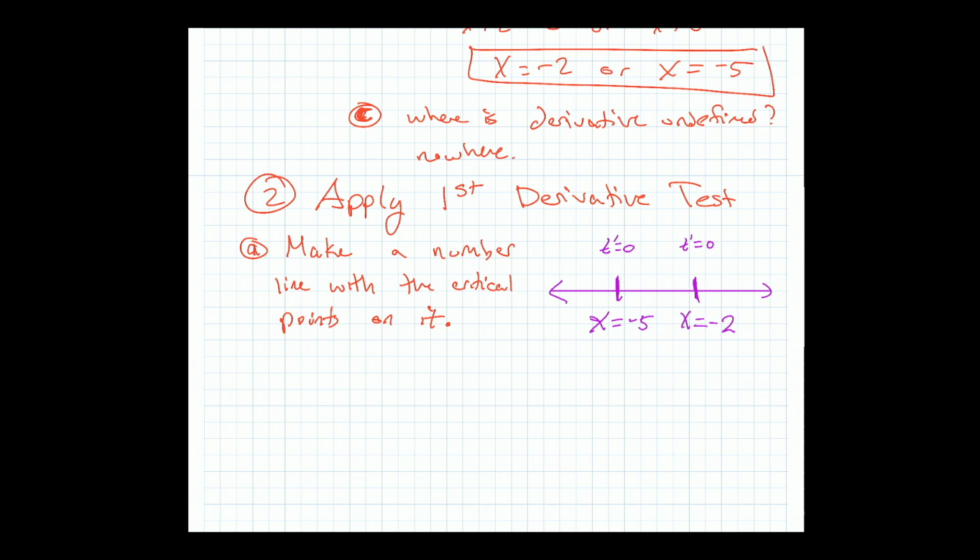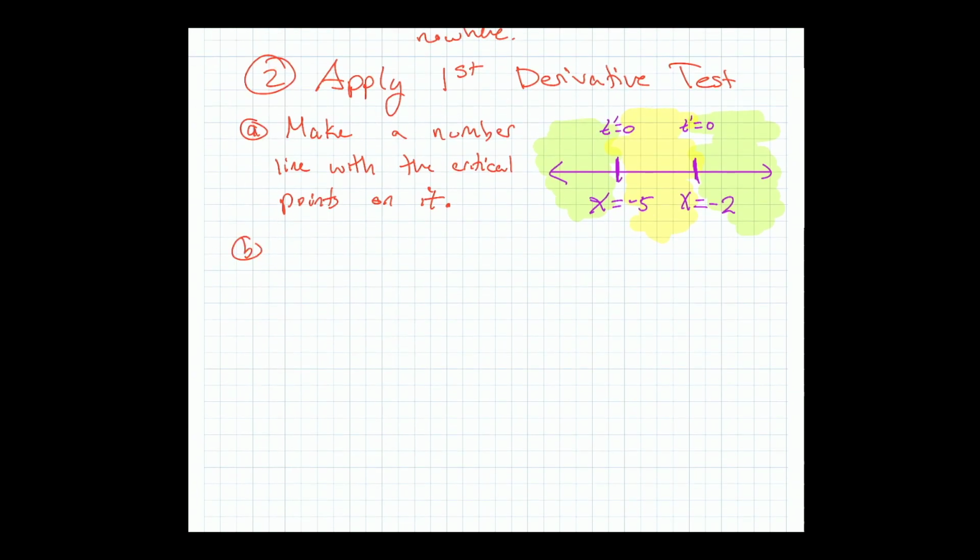Okay? Now what that does is it splits up the number line into 3 sections. There's a section here, there's a section here, and then in between them there's a third section, right? So there's 3 sections on the number line.